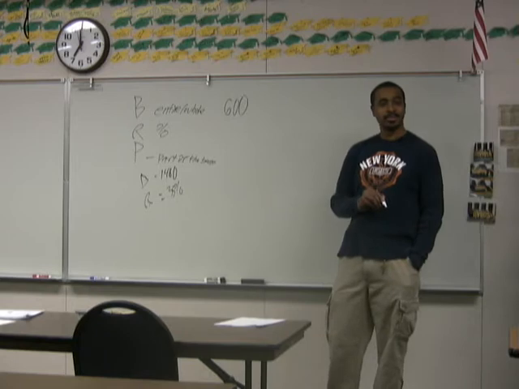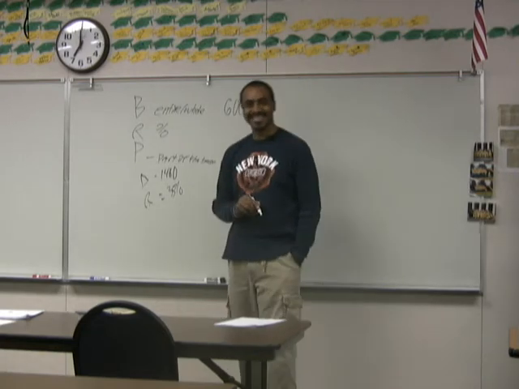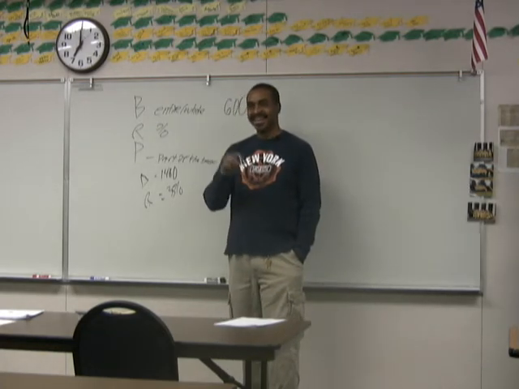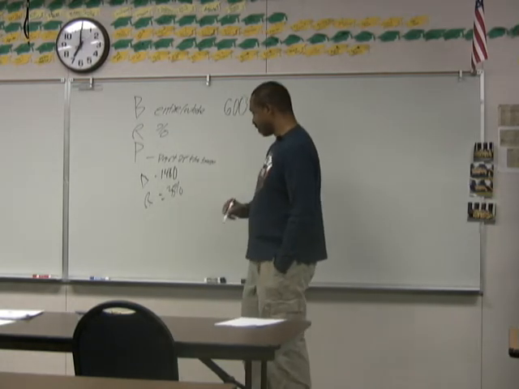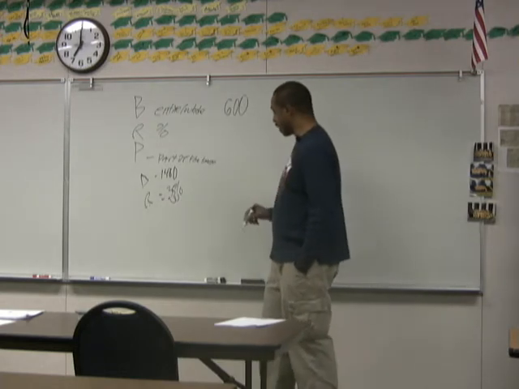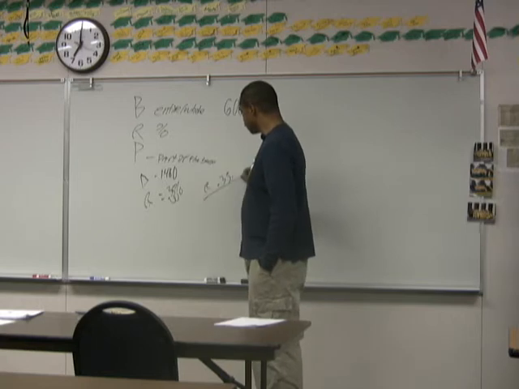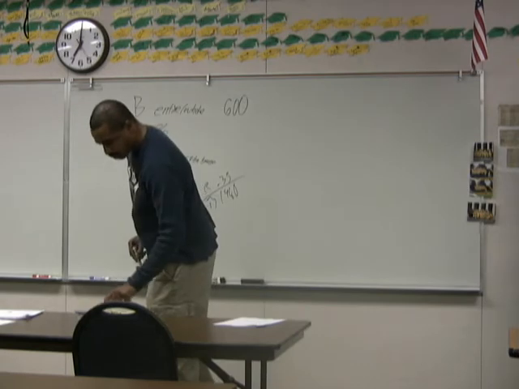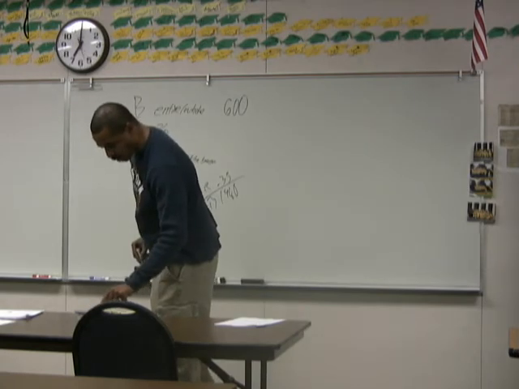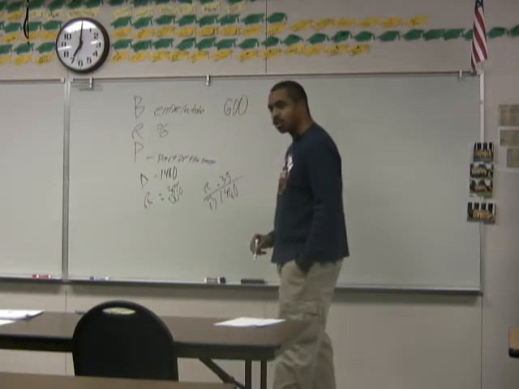Okay, what did you do? Okay. 0.35. So the rate, and if we divide that by the base, 0.35 divided by 1480 equals 0.0002.